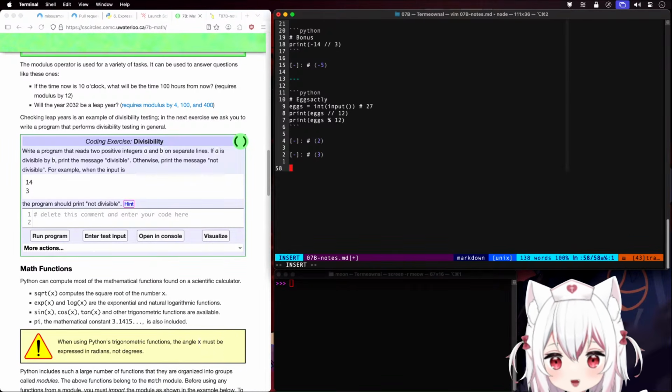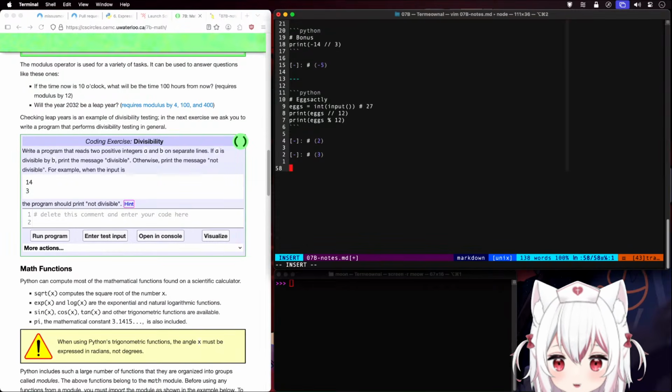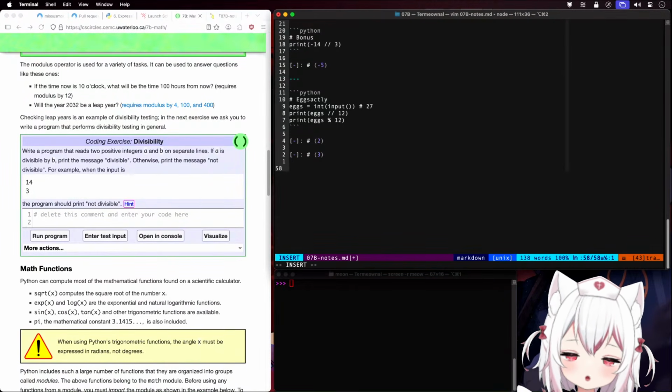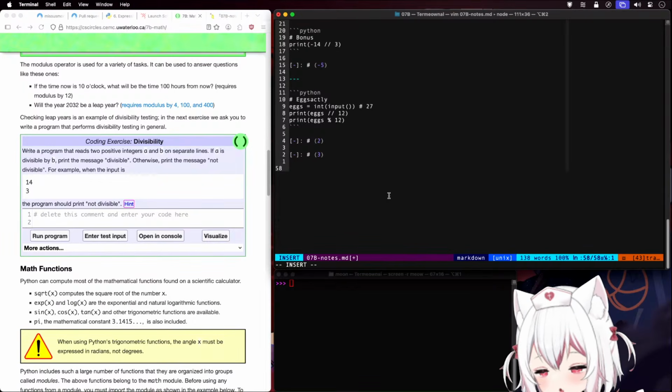Modulus operators are used for a variety of tasks and can be used to answer questions like these ones. If the time now is 10 o'clock, what would be the time 100 hours from now? That requires modulus by 12. Okay, let's do that one.